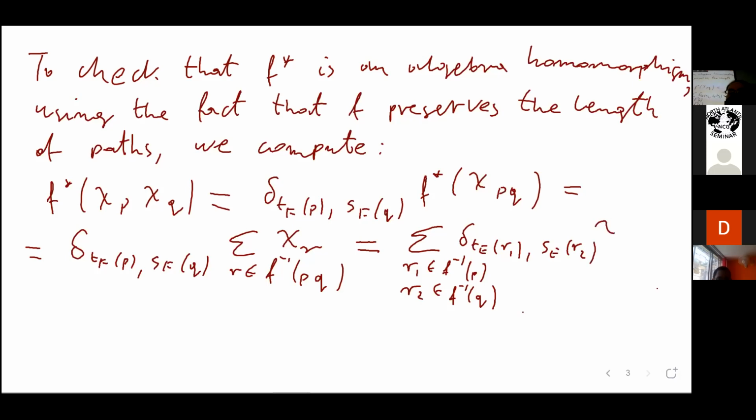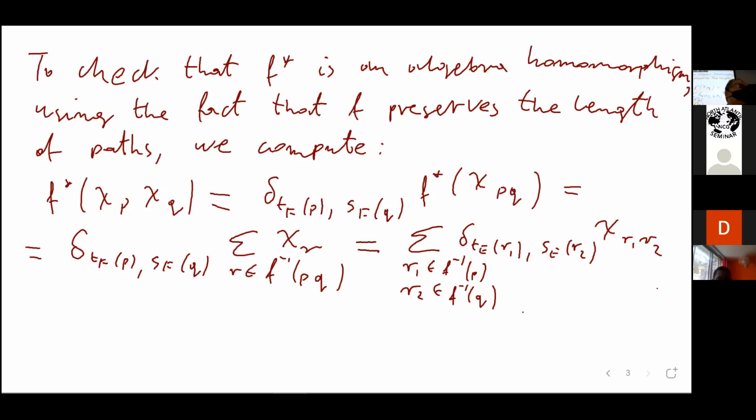And here I put chi of R1, R2. Okay. And I believe that this is not entirely obvious, so let me explain why.